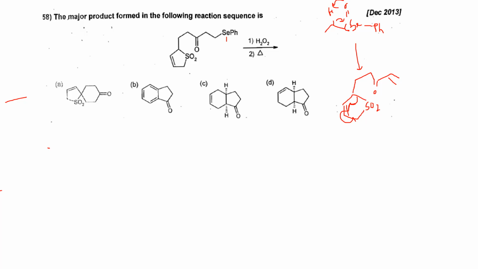The double bond shifts and Ac2 gets eliminated from the system, generating a diene type of moiety.